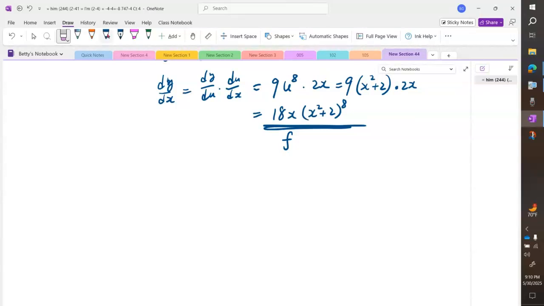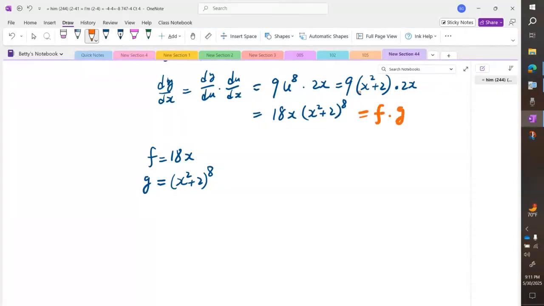The first function f is 18x. The second function in the product is (x squared plus 2) to the power of 8th. So dy/dx is f times g, okay? And we are looking for the derivative of f times g by the product rule. We have f prime g plus f g prime.